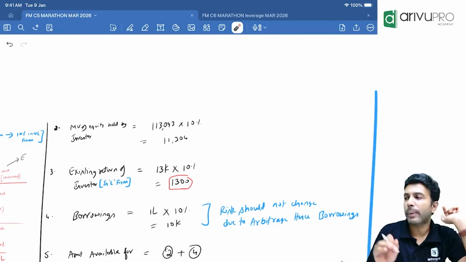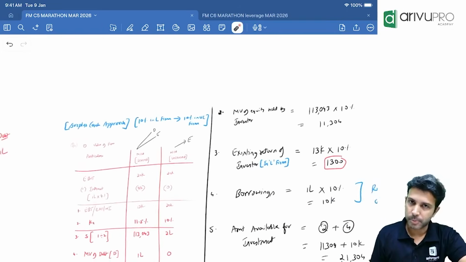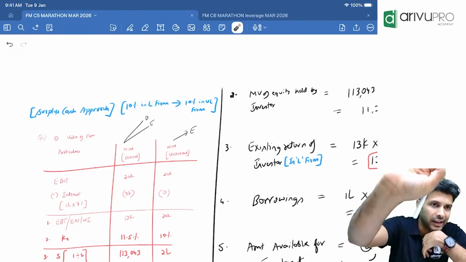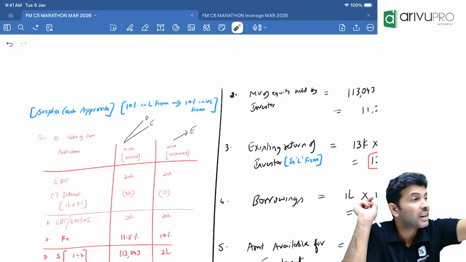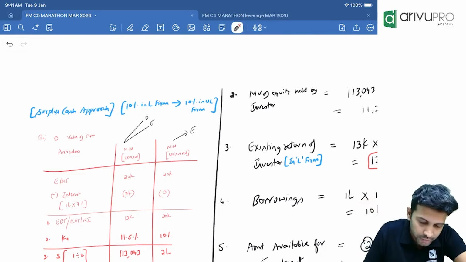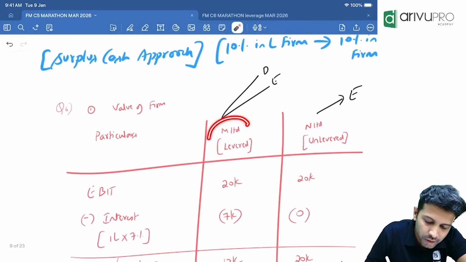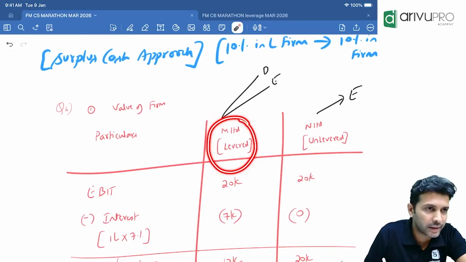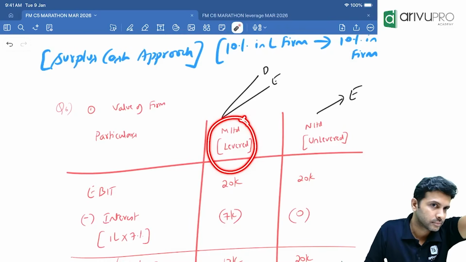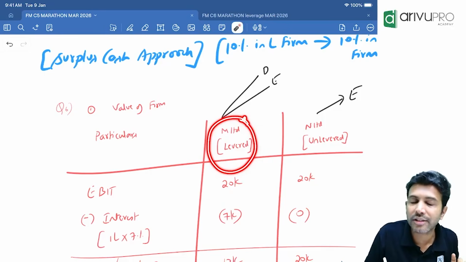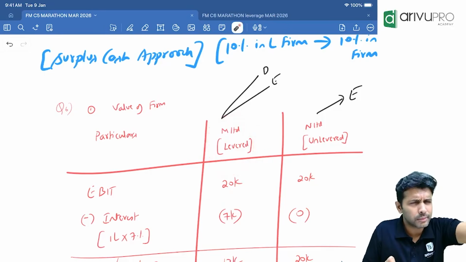Done. Now people, in the arbitrage process, you're doing arbitrage to get some gain. But the risk level should not change. Now everybody observe, the investor is a shareholder in which company? M Limited. M is a levered firm. Levered firm means it has debt. A firm using debt we call a levered firm. Now careful.